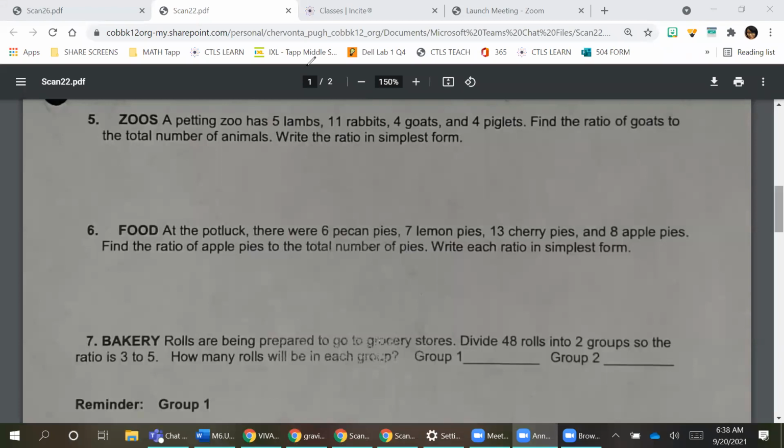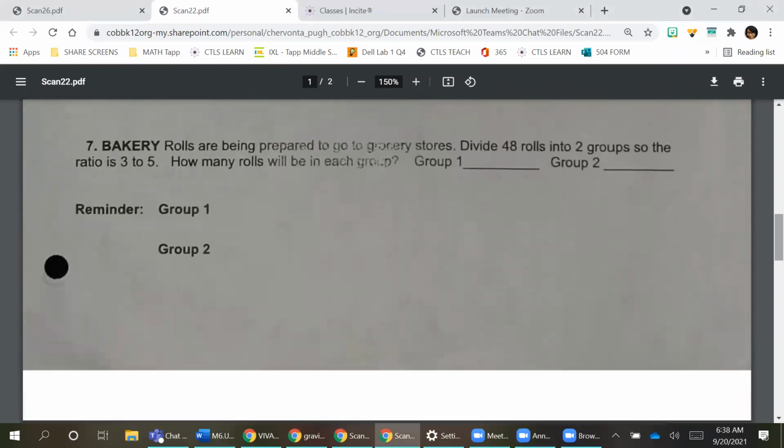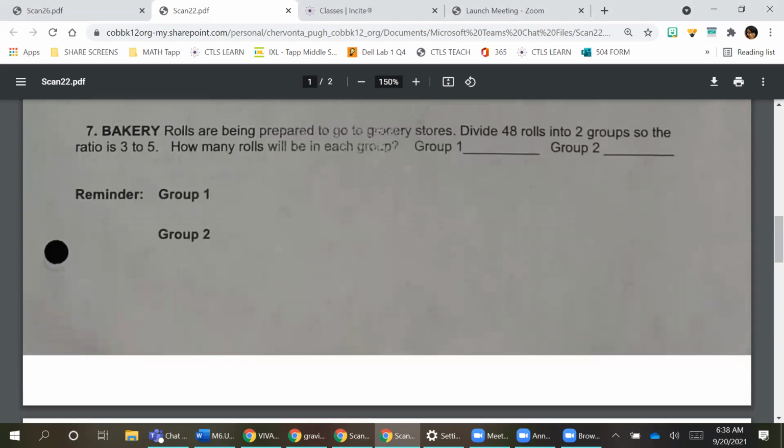I'm going to check out number 7 with you guys. Bakery. Rolls are being prepared to go to the grocery store. Divide 48 rolls into 2 groups so that the ratio is 3 to 5. How many rolls will be in each group? Okay, so one cool method that you guys could use is simply doing a ratio table. So I know in the first group, let's start this with 3 to 5.